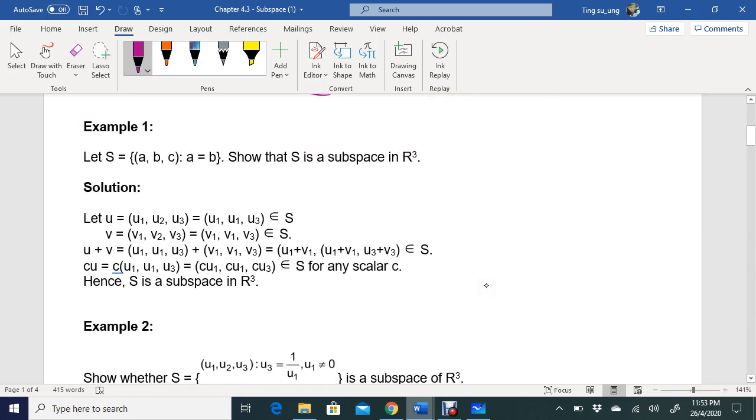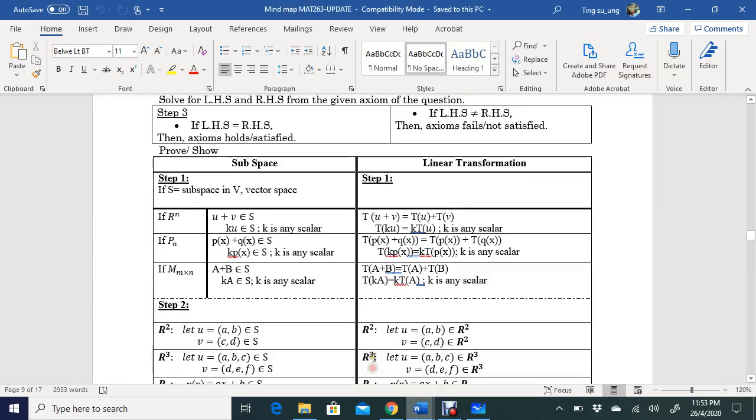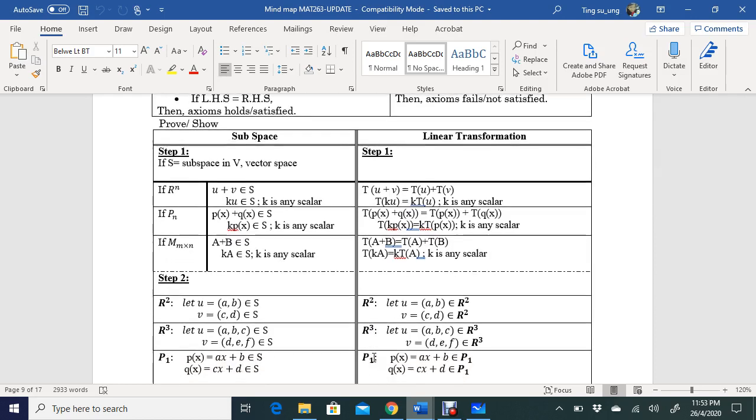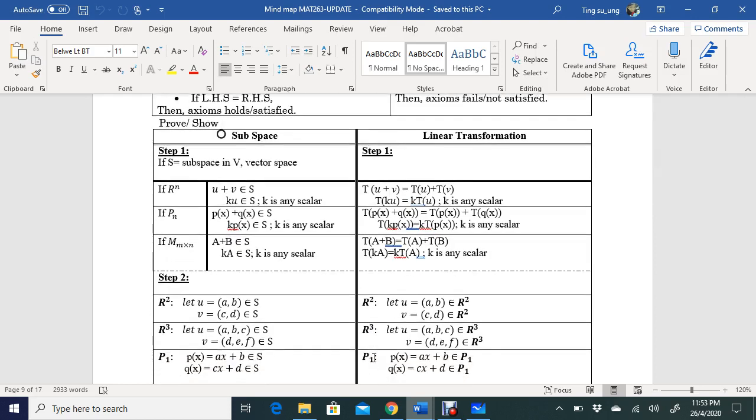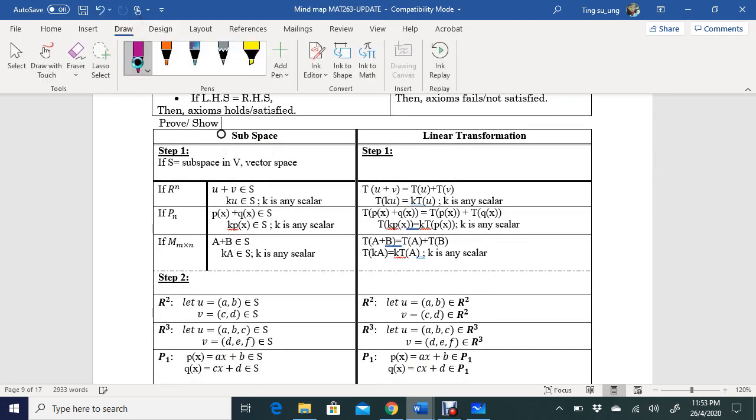Let us look into the mind map. This is what I have already concluded. Look at this one, subspace. First of all, imagine S is a subspace in V, so follow your vector space dimension.